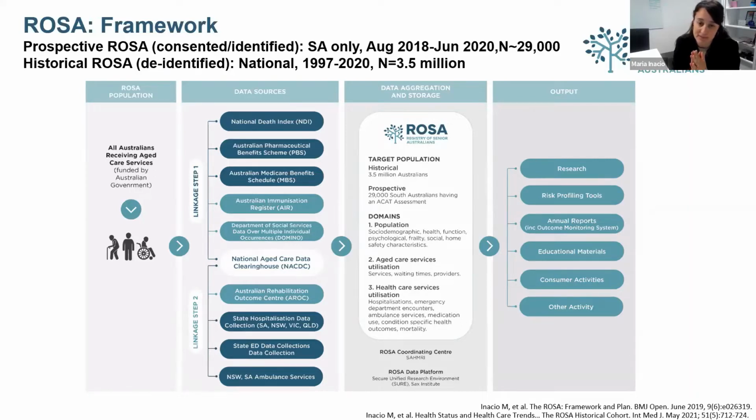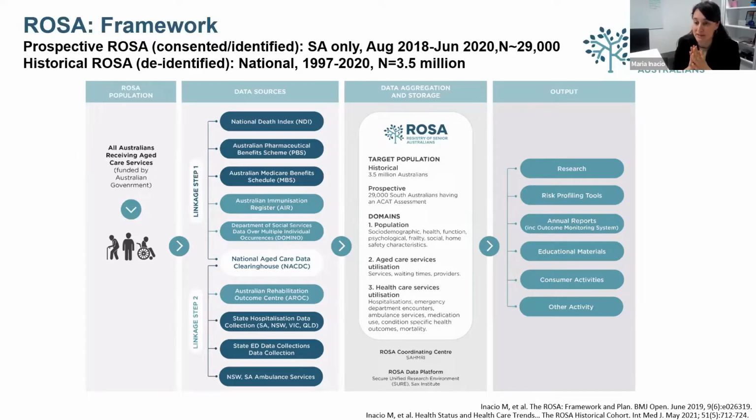It has now proven itself to be an incredibly valuable infrastructure for us to continue to do research, because this resource is a cohort of people that have accessed aged care services from 1997 to 2020. It has about 3.5 million individuals who've ever accessed any kind of aged care services in Australia linked to their healthcare service records. The volume of that information allows us to do the type of research that we couldn't do otherwise, and also allowed us to develop a lot of the tools that I'll also mention later on that were implemented in the registry.